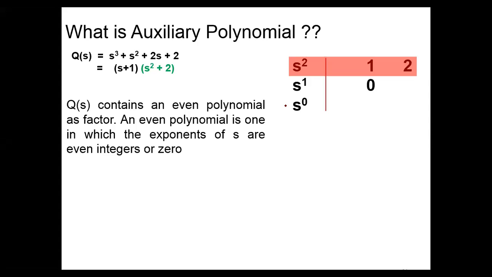An entire row of zeros will appear in the Routh table when a purely even or purely odd polynomial is a factor of the original polynomial.